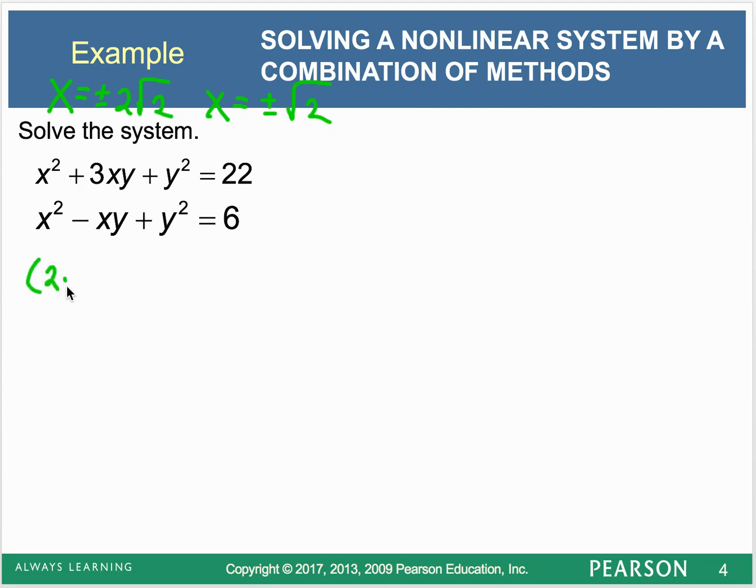So 2 square roots of 2 squared minus 2 square roots of 2 times y plus y squared equals 6. Okay, so this would be 2 squared, and then this part would cancel.